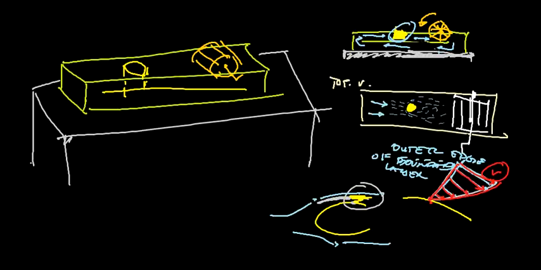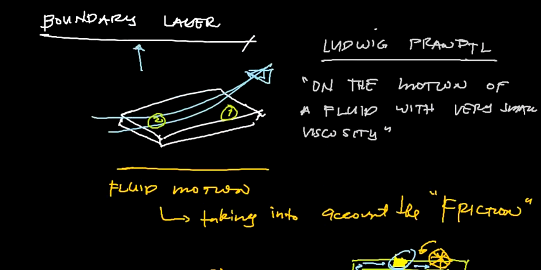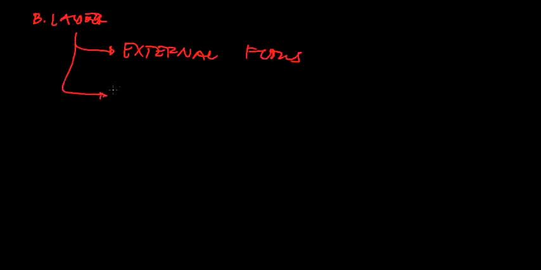Okay, so on the next video, we're gonna continue this discussion regarding the boundary layer, but like what I have also said last time, regarding this boundary layer, we have the boundary layer in external flows, and we have the boundary layer in internal flows.